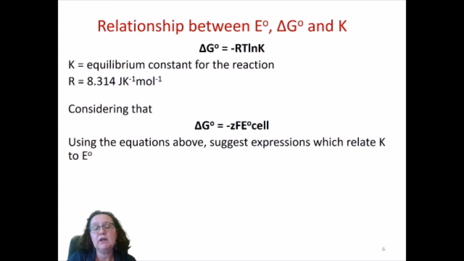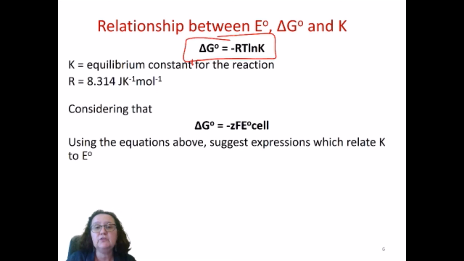So on one hand, we have the relationship between the Gibbs free energy, the change in Gibbs energy, and the equilibrium constant for the reaction, and this is the known relationship.